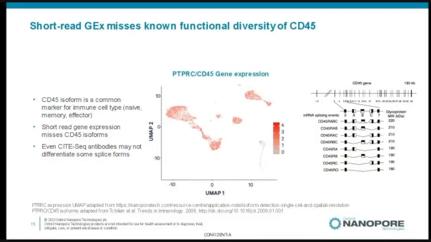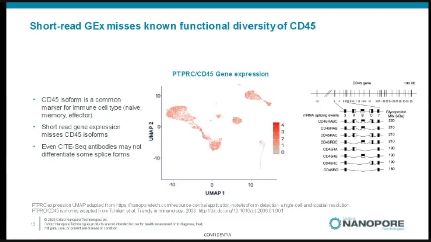In another example, we are showing what could be the missing information, and this is a well-known example. Short read expression misses the well-known isoforms of CD45 that are used to identify immune cell types.